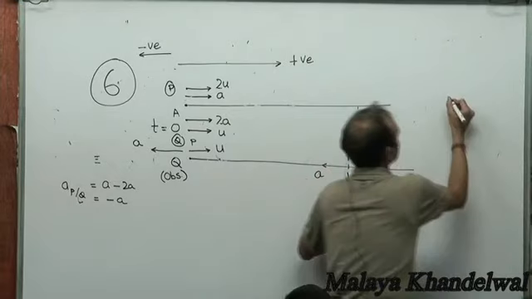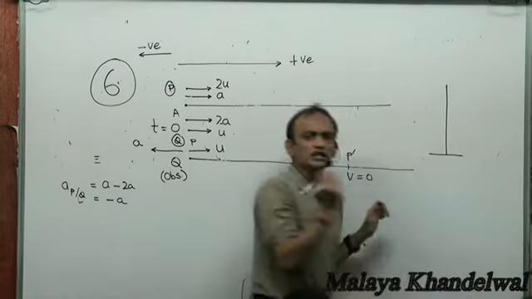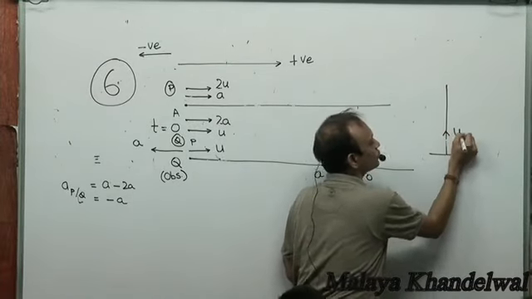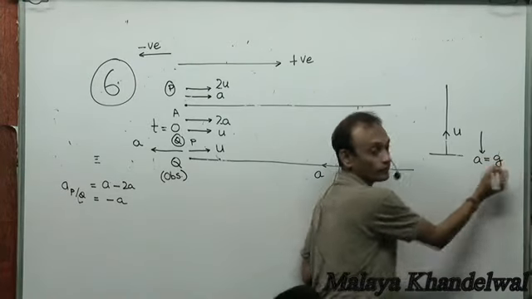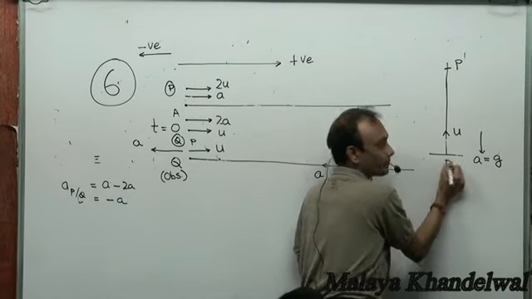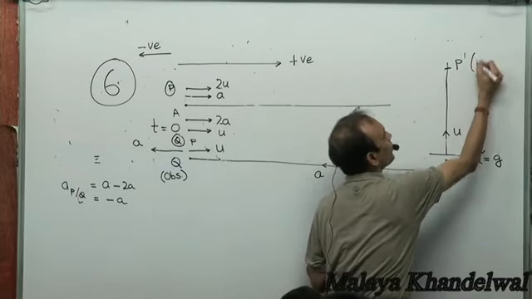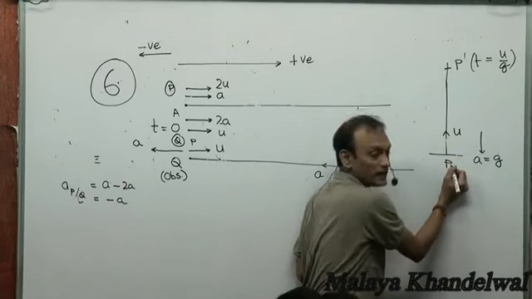Think of this situation, this should be our reference situation. Under the influence of gravity, when I launch a particle with a velocity u, it has an acceleration A downwards, which is g. This particle reaches the highest point, say P prime, and the time taken to reach the highest point is u by g, and the time taken to fall back to P is u by g.